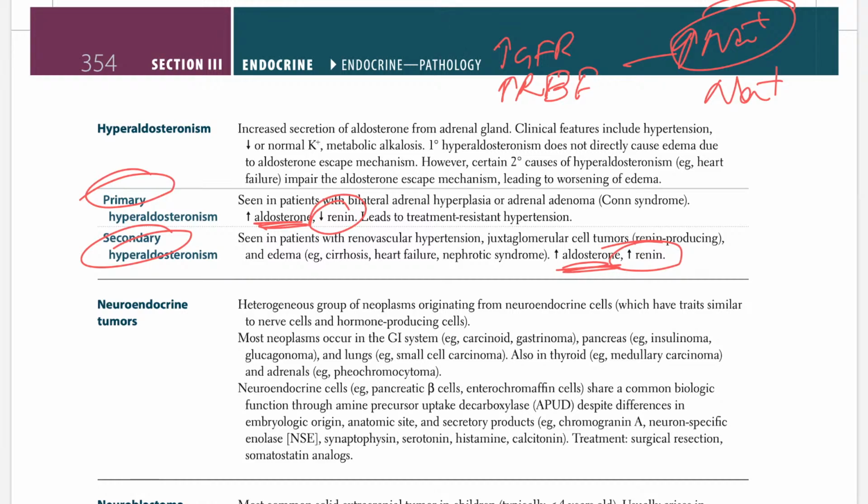What else can we think of? So we talked about increased aldosterone, decreased renin, which is Conn syndrome, and increased aldosterone, increased renin with secondary. And there's a third thing, which is not even mentioned here: decreased aldosterone and decreased renin.